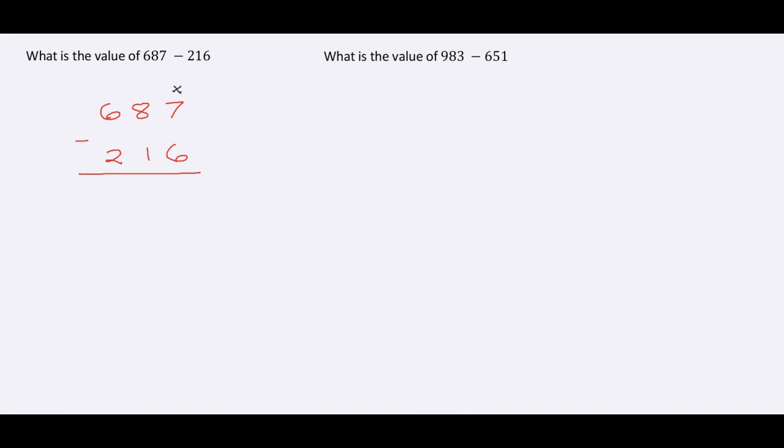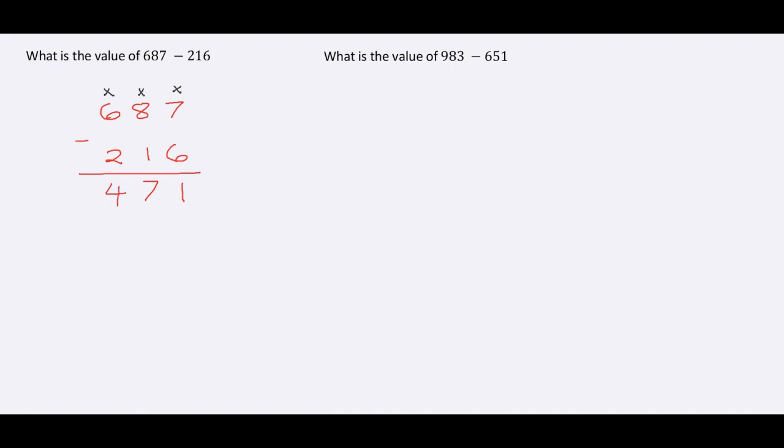So we have 7 minus 6, we get 1. Now we move to the next column, which is this one here. 8 minus 1, we have 7. And then next we go to the next column. 6 minus 2, we have 4.